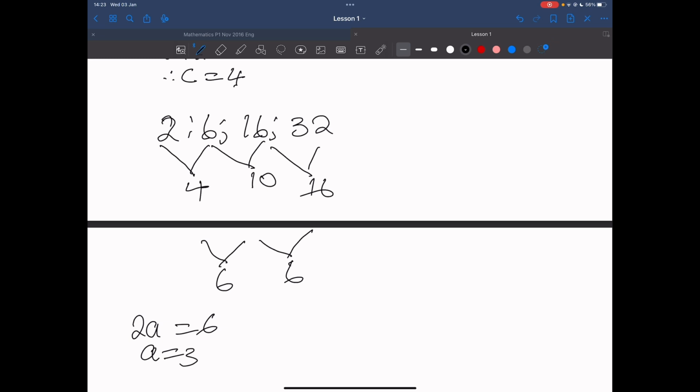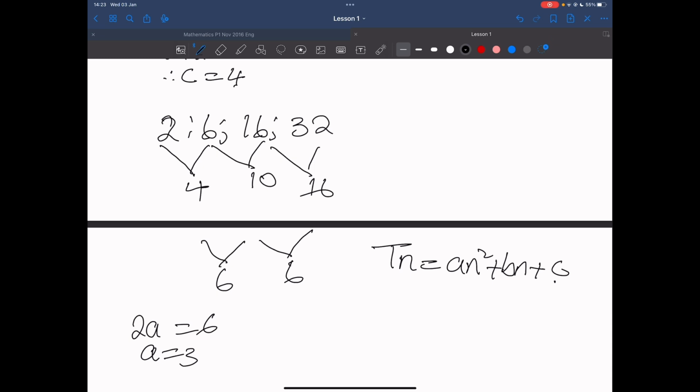Now we are going to go to c. Remember, our general term is term n is an squared plus bn plus c. Now we are going to get c first. We have a, so we get to c first.